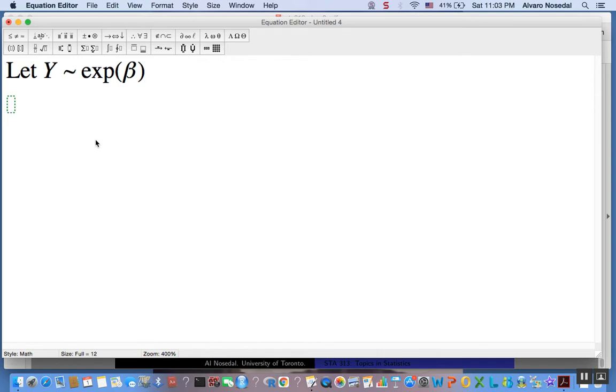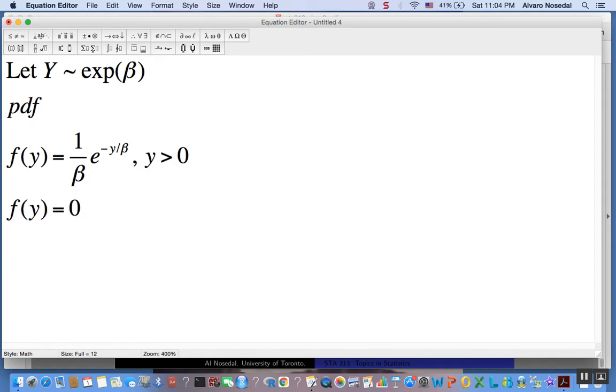We know that the PDF, the probability density function, for that guy, let me use f of y, is going to look something like this: 1 over beta times e to the negative y divided by beta, and that rule applies for y's that are positive, and we know that f of y is going to be 0 otherwise.